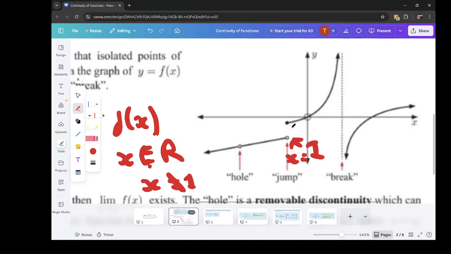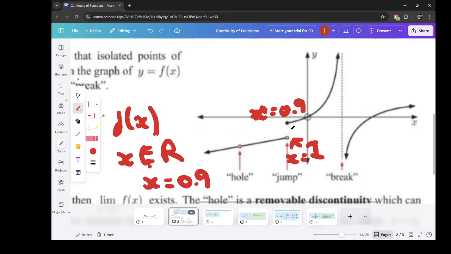While for this one, let's say this is 0.9. If this point is x equals 0.9, this means that x is an element of R including 0.9, and it exists for x.